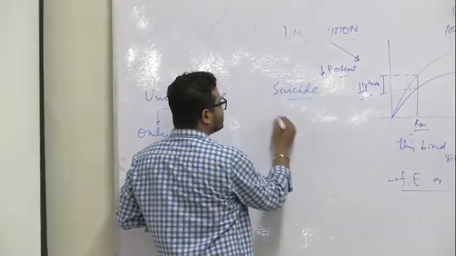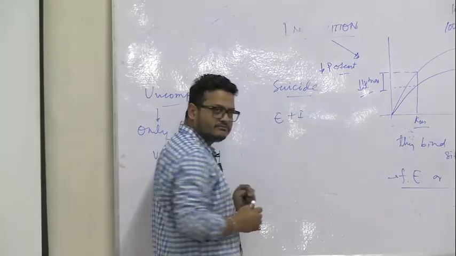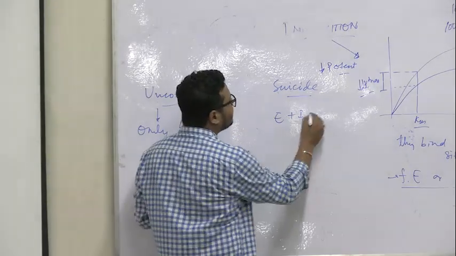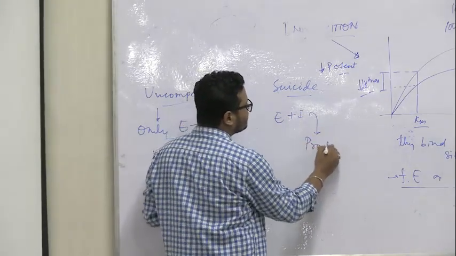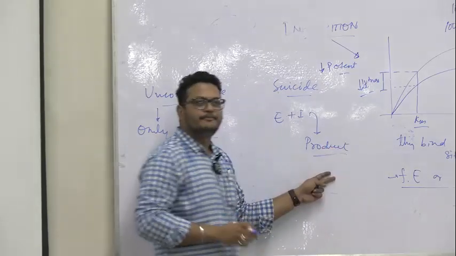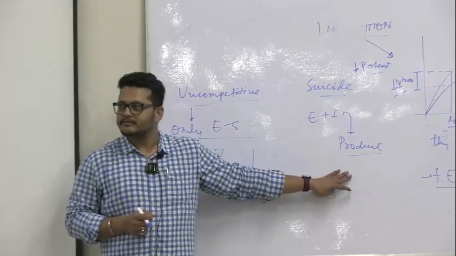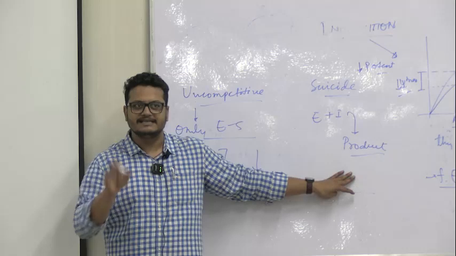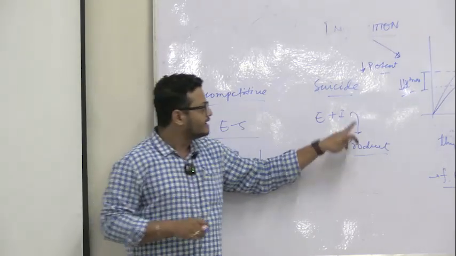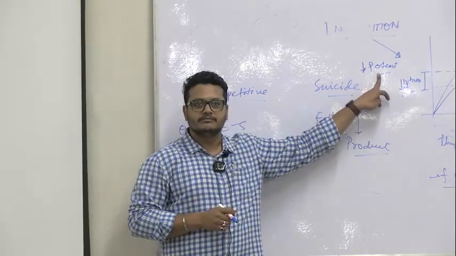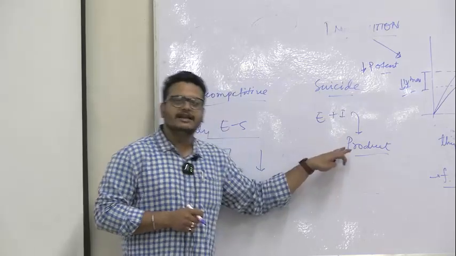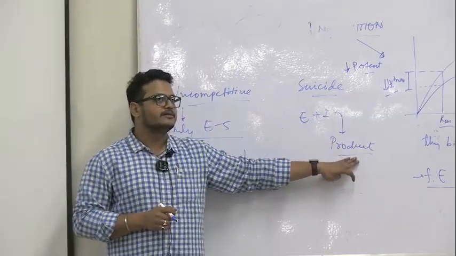This inhibitor is going to bind to the enzyme and will produce some product. The reaction will continue. The enzyme will not get blocked yet, because the inhibitor is less potent. It will carry on the reaction and give a product.